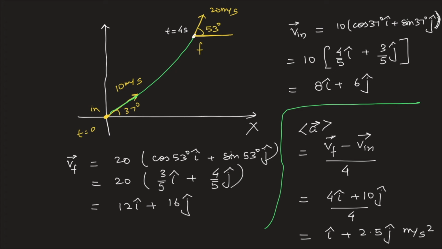Now let us discuss the second type of acceleration that we know of. The second type of acceleration is the instantaneous acceleration.